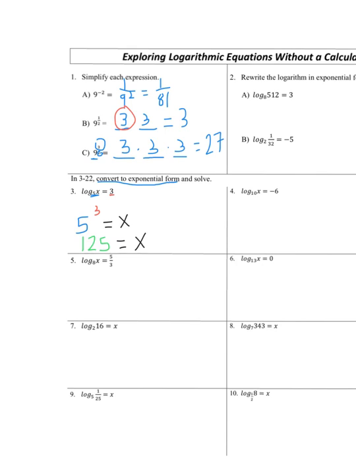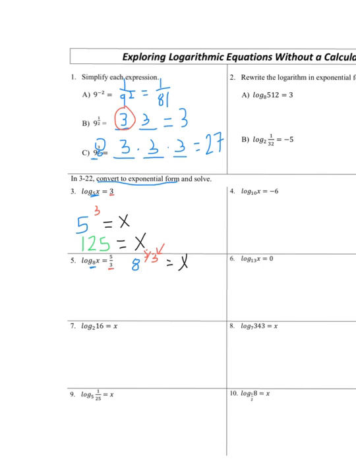Our base here is 8, so it's going to be 8. And our exponent, 5/3, equals x. What number, when multiplied by itself 3 times, gives you 8?